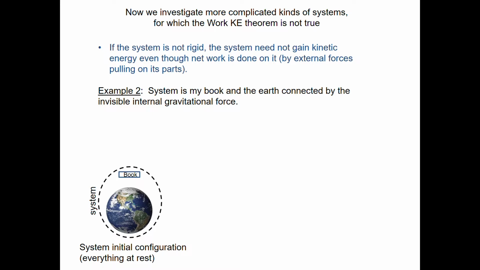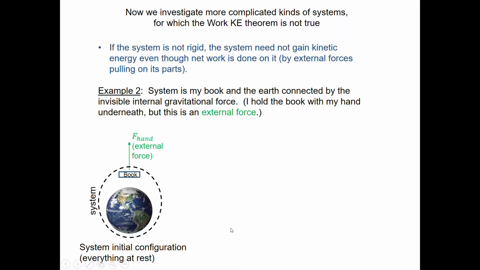I'm going to consider the gravitational attraction between the earth and the book to be an internal force, but all other forces are going to be external, including the force of my hand reaching in from outside and pushing on the book to hold it in place. The initial configuration of the system is with everything at rest. The book is being held with my hand underneath, and I'll show that in green here as an external force reaching into the system and pushing upward on it.